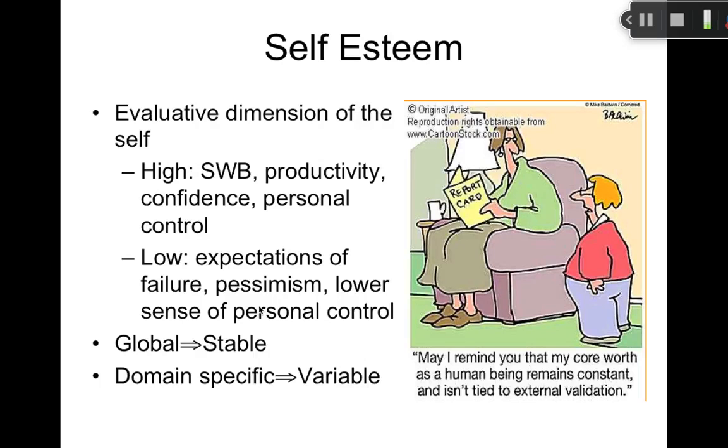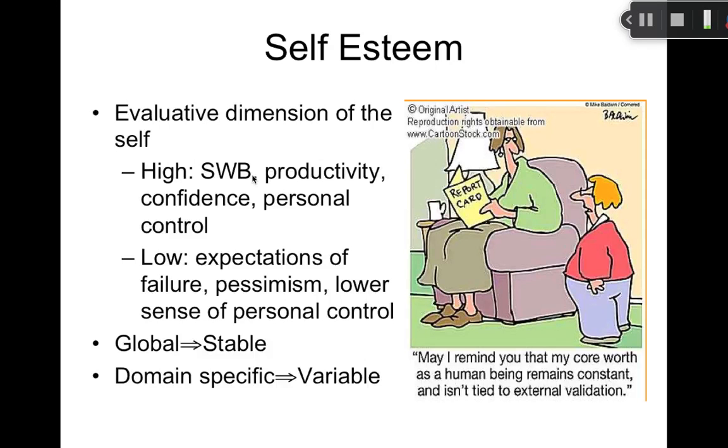Many studies have taken people's individual self-esteem scores and then correlated them with other important stuff. So high self-esteem is correlated with increased subjective well-being, or SWB. People scoring higher on this scale seem to be more satisfied with life. They're more productive. They're more confident.